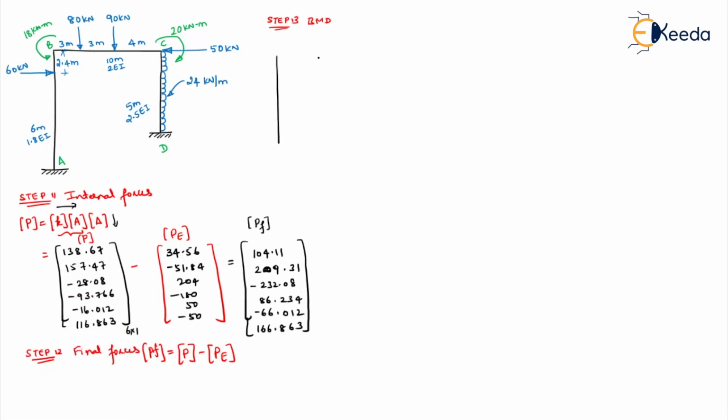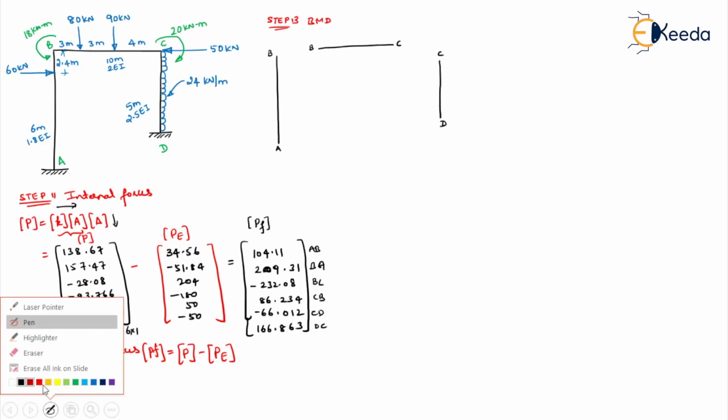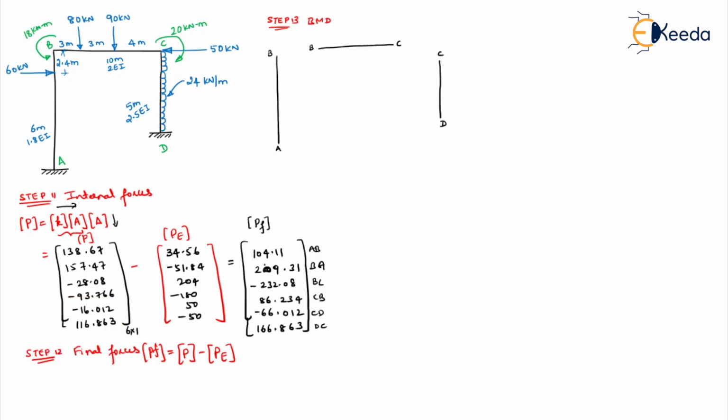forces or final end moments which we have got. Okay, so this is your A, B, B, C and C, D. This will be for AB, BA, then BC, CB, then CD and DC. So first is what?